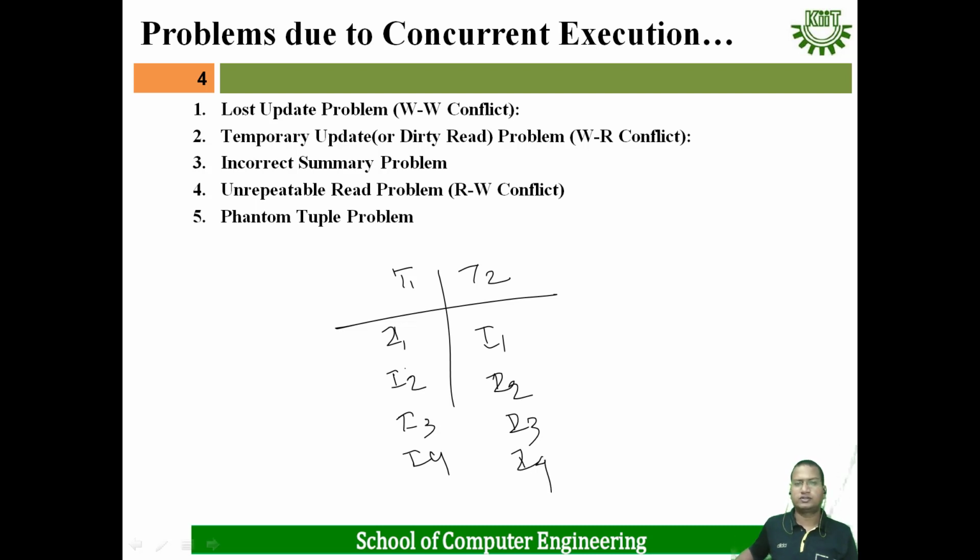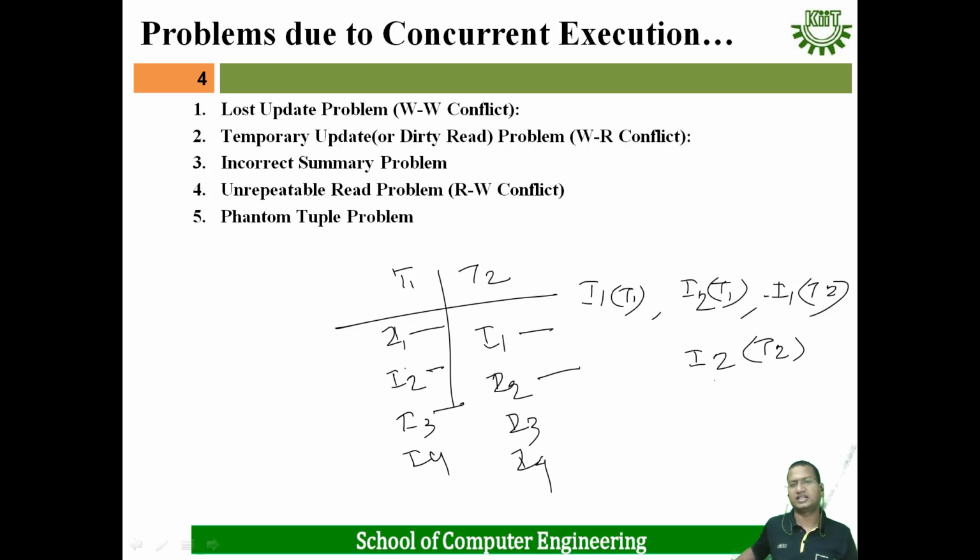Concurrent execution means suppose I1 of T1 gets executed, then I2 of T1 gets executed, then I1 of T2 gets executed, then I2 of T2 gets executed. That means the first two instructions of T1 get executed, then the first two instructions of T2, then the next instructions of T1, then of T2. This is your concurrent execution. And when such concurrent execution happens, data inconsistency arises.